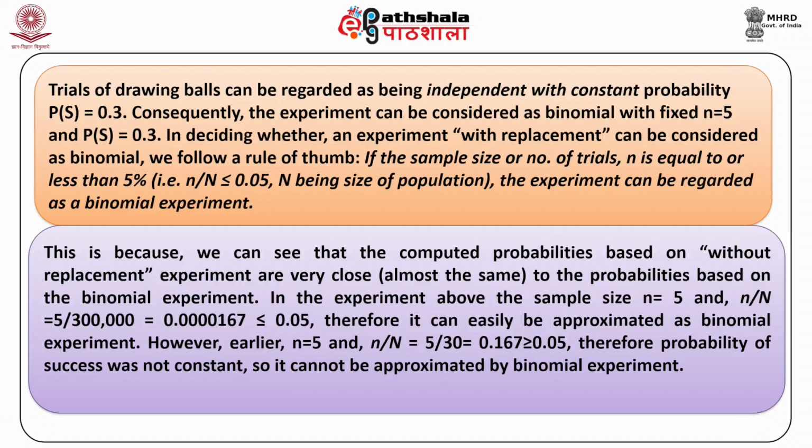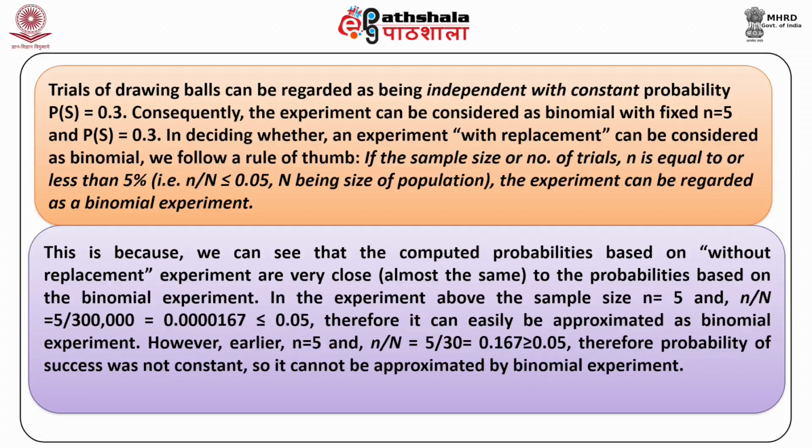That is, if the sample size or number of trials n is equal to or less than 5% of the population size, that means small n upon capital N is less than or equal to 0.05, where capital N is the size of the population, the experiment can be regarded as a binomial experiment. This is because the computed probabilities based on the without replacement experiment are very close, almost the same, to the probabilities based on the binomial experiment.